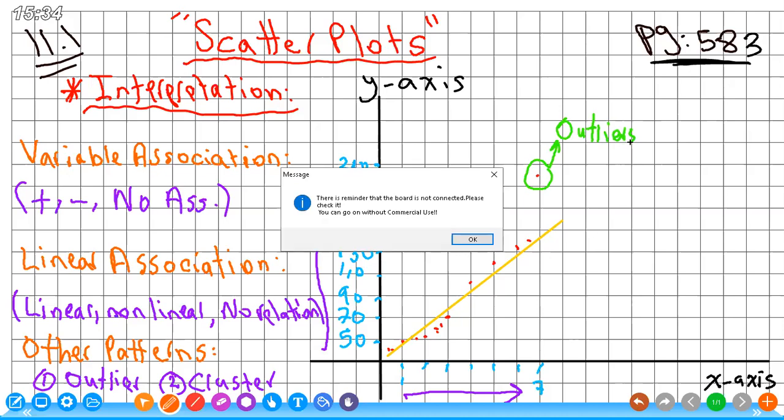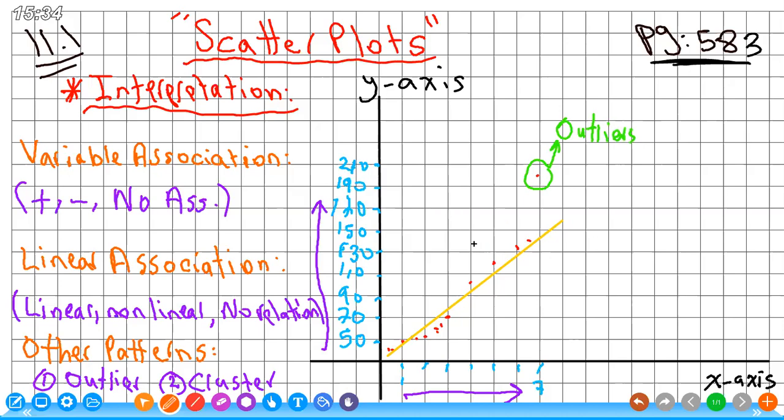So this one is implying if he worked for 7 hours, he's going to get around $200, which does not make any sense or relation with the rest. So this is like a biased case, let's say. I don't take it into consideration when I'm generalizing the case or trying to understand the relationship. I call this point an outlier. An outlier is a point that does not follow the pattern of the rest of the points.